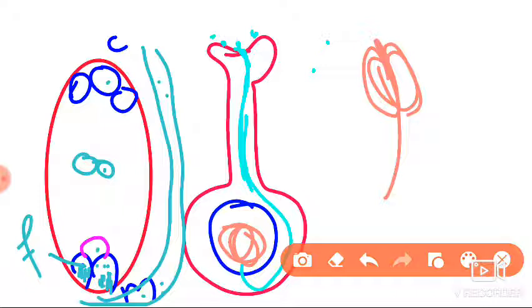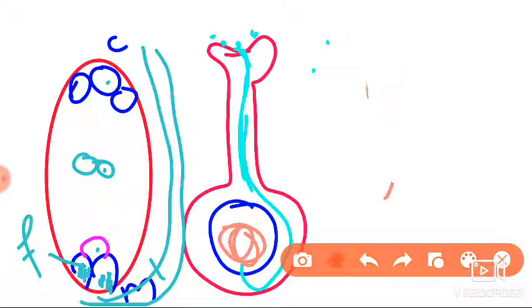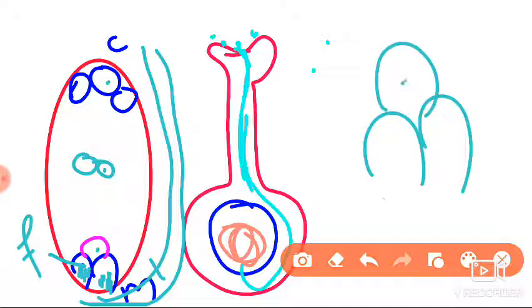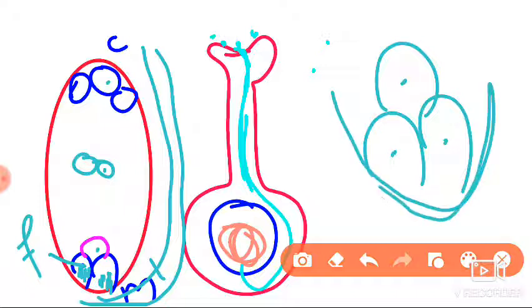When they reach the synergid cells, at that time what will happen? One of the gametes, I will draw the diagram here. Here these are the antipodal cells, and this is the egg cell. This is your micropylar end.